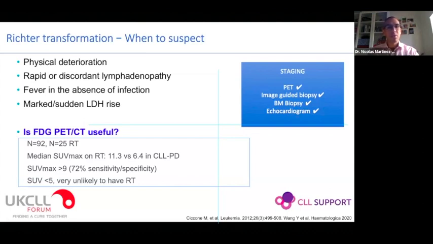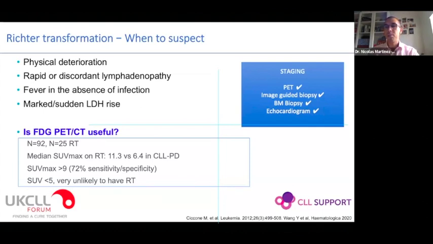They established that an SUV of 9 or above carried a 72% sensitivity and specificity for the diagnosis of Richter's. But more importantly, if you have an SUV less than 5, Richter's is very, very unlikely. It's very specific for CLL, and you can almost always exclude Richter's if that's the case.